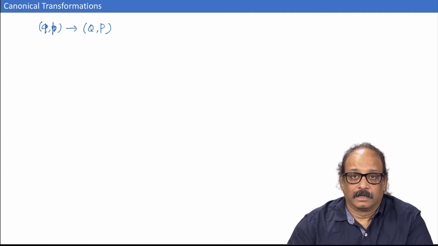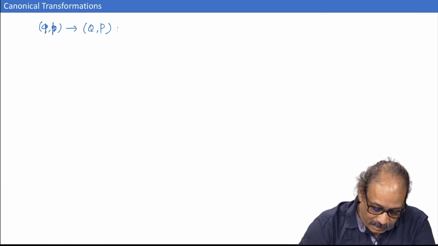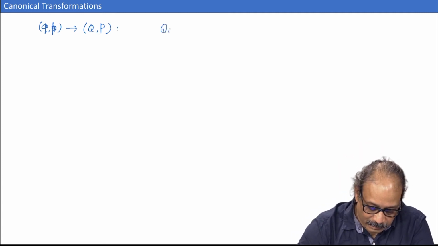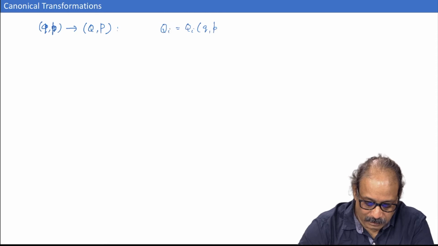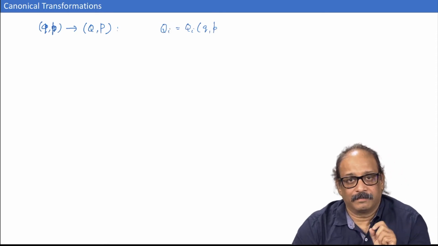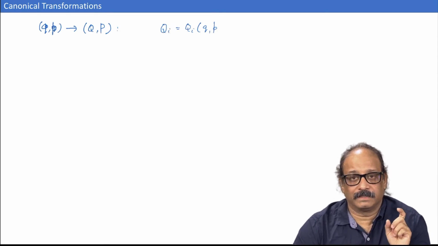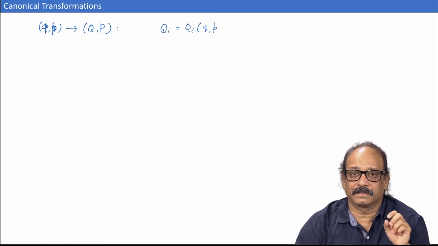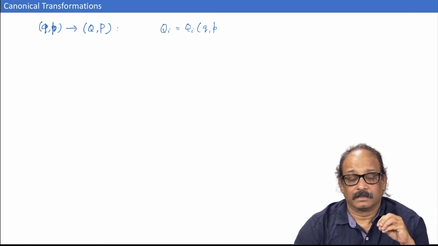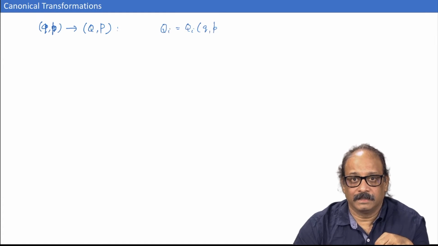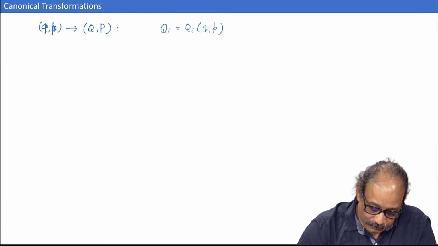And these transformations are special in the sense that Qi are functions of the old variables, but not of t. Remember in the first section when we defined the canonical transformations, we did not put such a condition. Those transformations could depend on time t, but right now I am going to just focus on these ones.